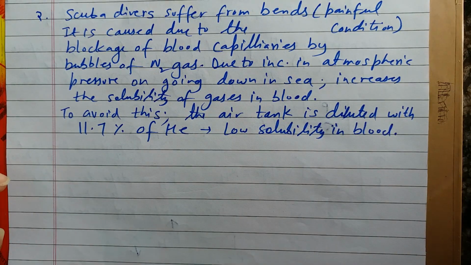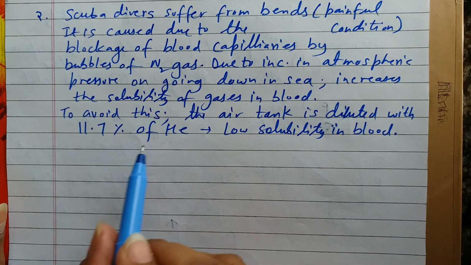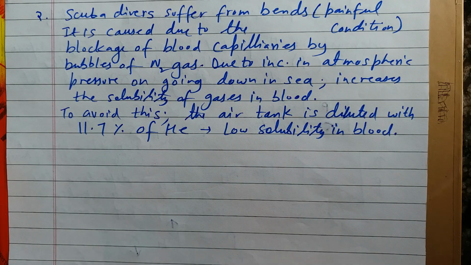So some of the nitrogen is decreased, and in place of nitrogen around 11.7% of helium is added because of its low solubility in blood, to avoid bends to an extent.